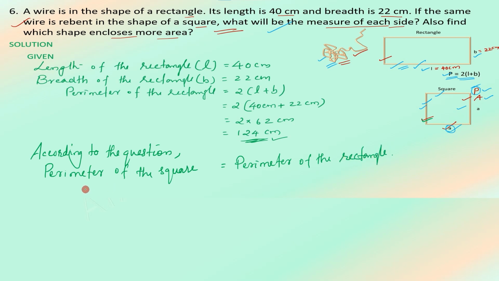Here we have to write the formula for finding the perimeter of a square. That is, we know it is 4 into side. That is equal to, here we have to write the perimeter of the rectangle, that is 124 centimeter.